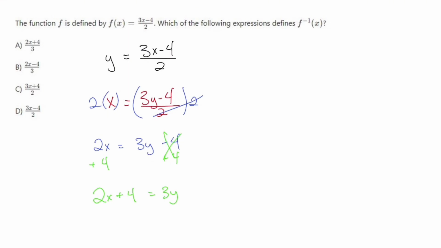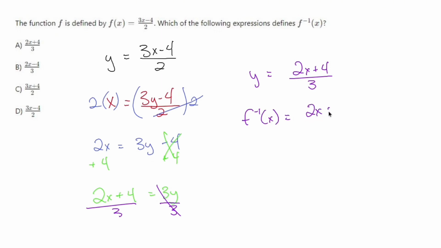Finally, to do the math portion, you divide everything by 3, and you end up with y equals 2x plus 4 all over 3. So now that we have y all by itself, we can go back to its original form and say this is the inverse. So f inverse of x is 2x plus 4 all over 3, which is going to be A. And that's how you do it.